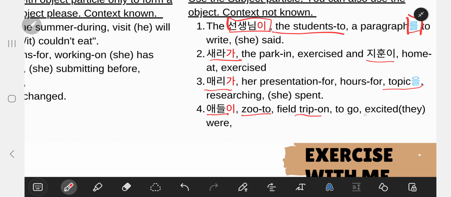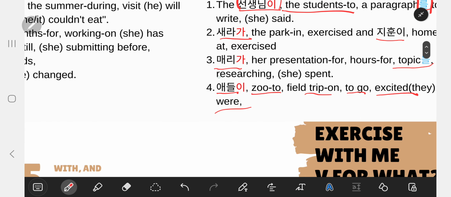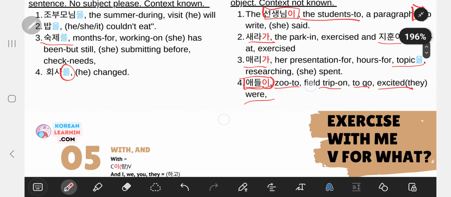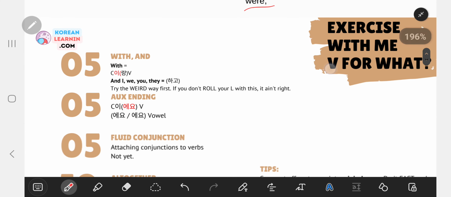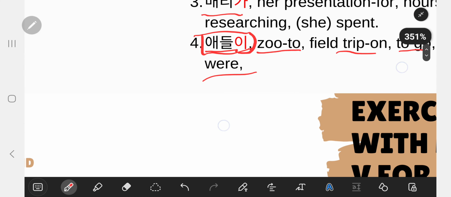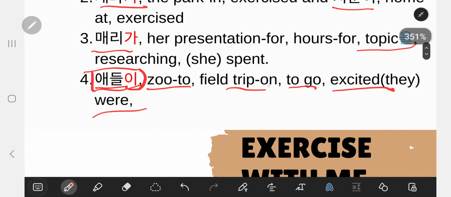And then 애들이 zoo to field trip on, to go, excited they were. Yes. So remember the 애들이 is the subject, then we're missing an object, obviously. So then field trip. Or perhaps field trip could be the object, right?